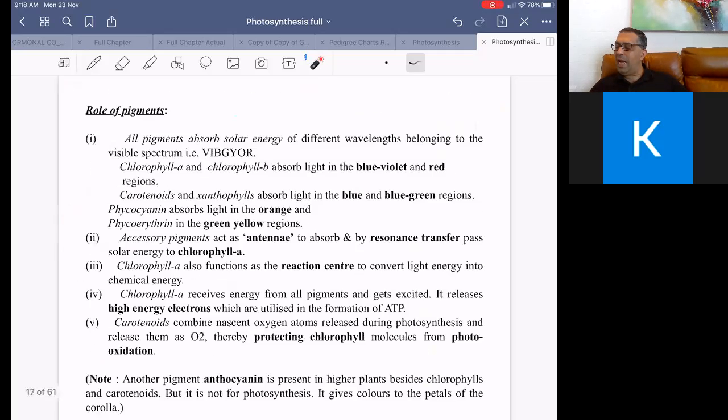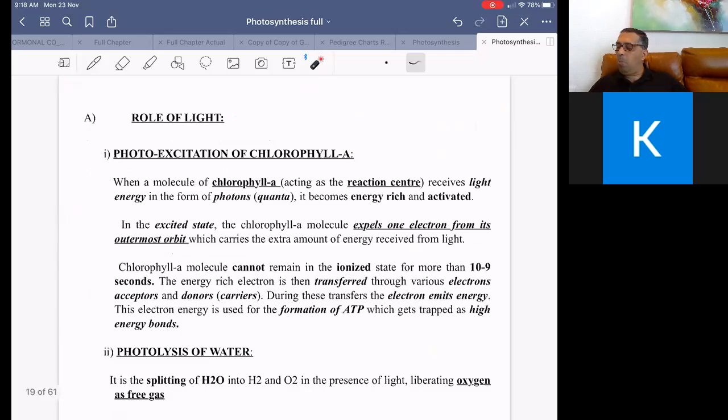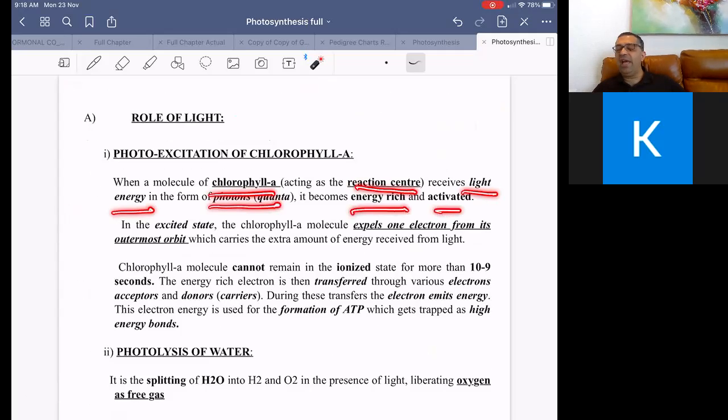As soon as a molecule of chlorophyll A, which is called the reaction center, receives light energy in the form of photons or quanta, it becomes energy rich and activated. तो क्लोरोफिल ए के इलेक्ट्रॉन को क्लोरोफिल बी, कैरोटीन, xanthophyll के इलेक्ट्रॉन ने एनर्जी ट्रांसफर की by resonance transfer, and the chlorophyll A electron becomes energy rich and activated.